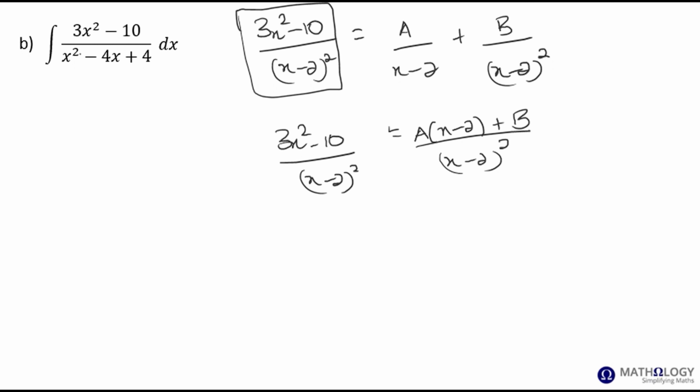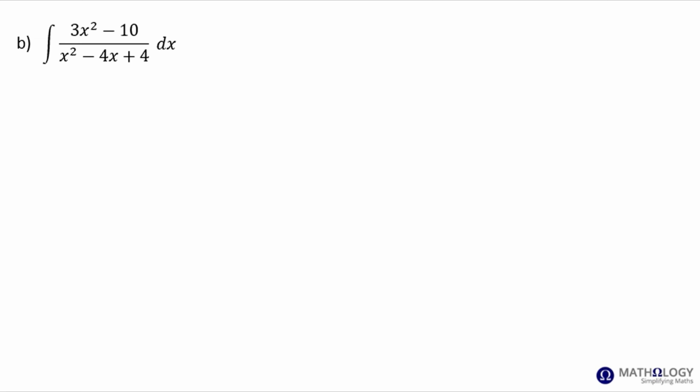We're going to have to approach it another way, and that way is to divide the numerator by the denominator. In this example, if the degree of the numerator is greater than or equal to the degree of the denominator, then we first have to divide the polynomials.